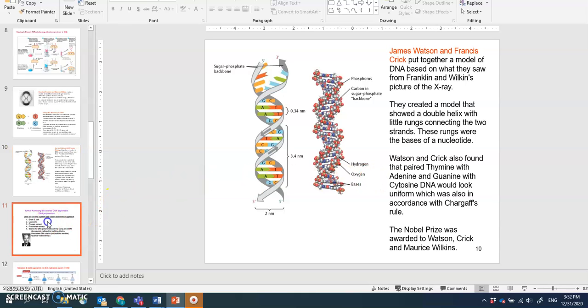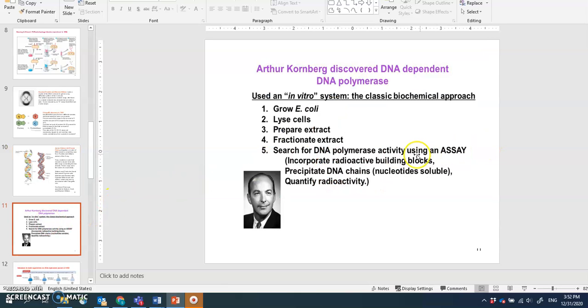Okay, very exciting. And then other scientific data were also made available, especially Arthur Kornberg discovered the enzyme that can duplicate, that can make copies of DNA. He made this enzyme discovery back in, I think, the 60s.